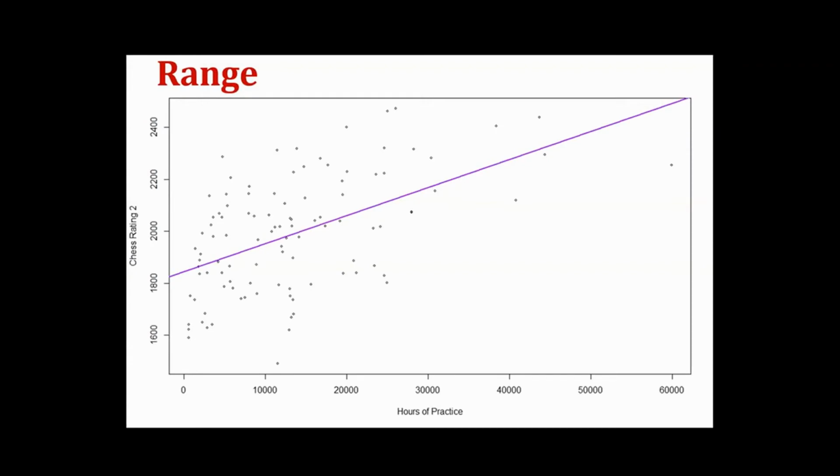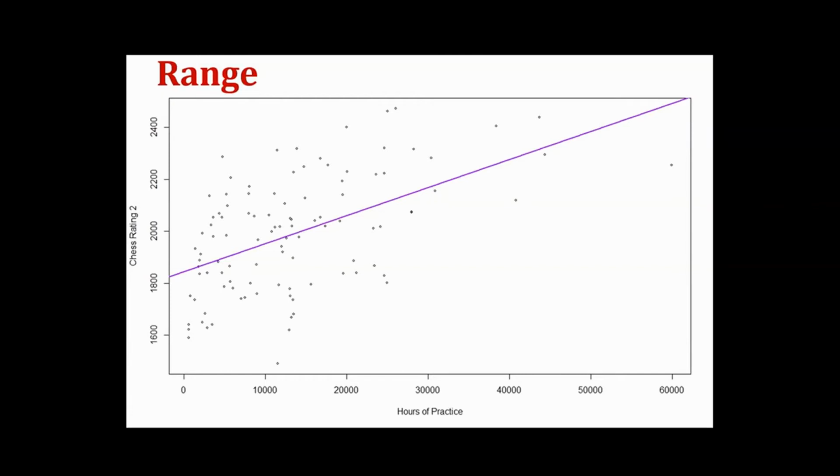So, one issue is the issue of range. Let's consider this case in which we've got as the y variable the chess rating of chess players, and on the x-axis the hours of practice or accumulated hours of practice, and we've got there a positive correlation.